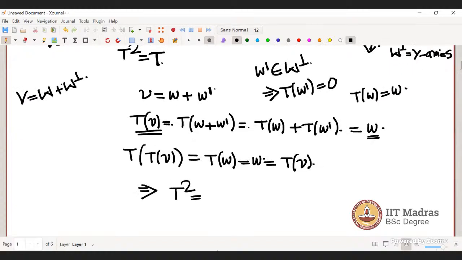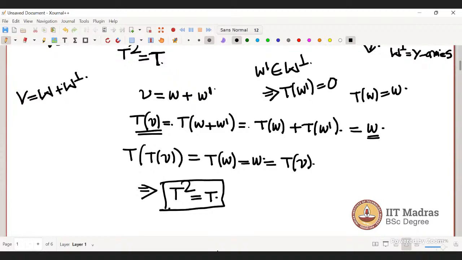T square is T. So what will be the projection matrix for this particular map? Then you have to take a basis, and then you can construct the projection matrix.